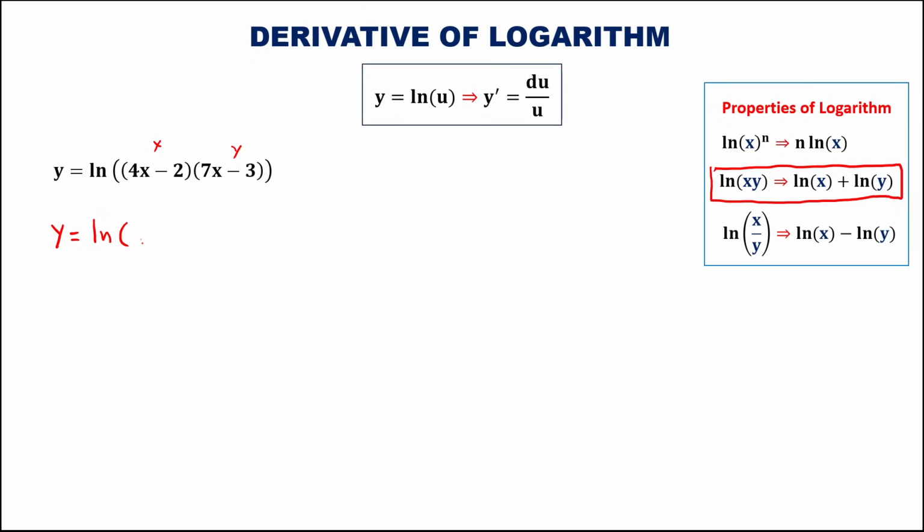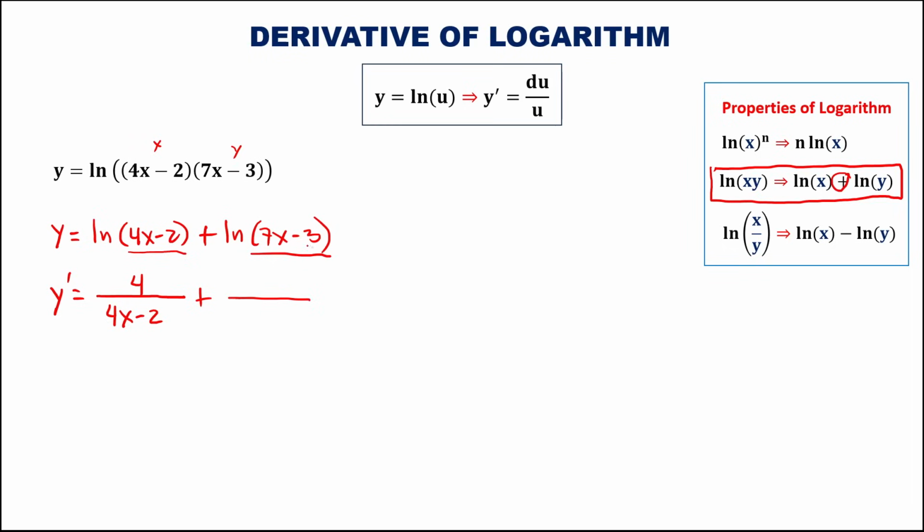So this becomes ln (4x minus 2), then plus, for the product property, ln (7x minus 3). Then from this, we can find the derivative for every term. The derivative for this term is 4 over 4x minus 2, then plus, for this term, 7 over 7x minus 3.